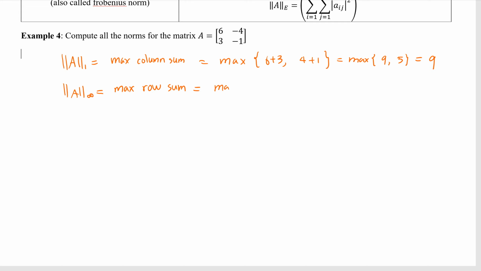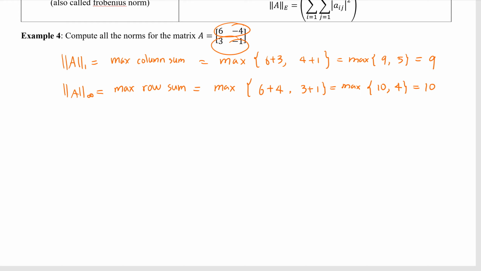So that's the maximum over the rows, this one and this one. When we talk about row sum, we mean the sum of the absolute values of the entries in that row. So we have the maximum of 10 and 4, which is 10. So far, so good, everybody.